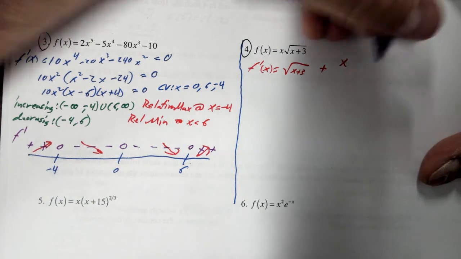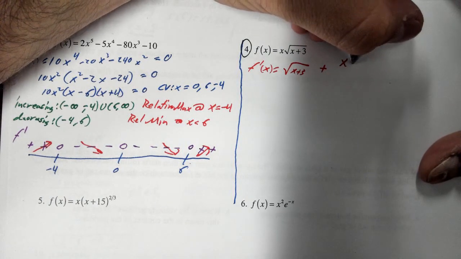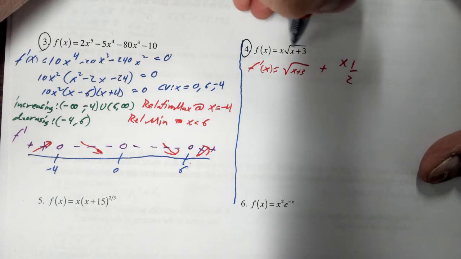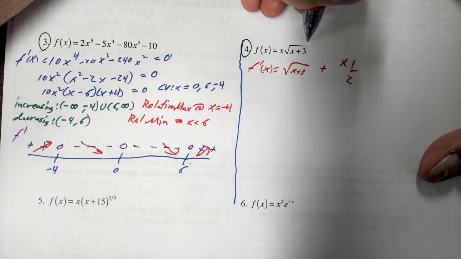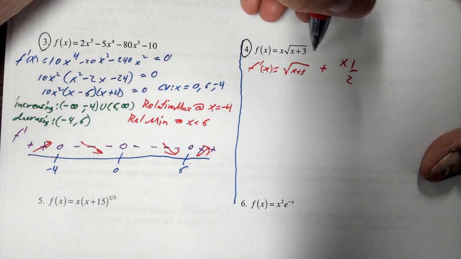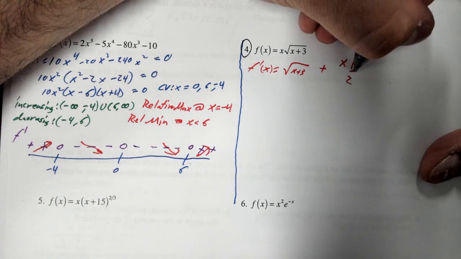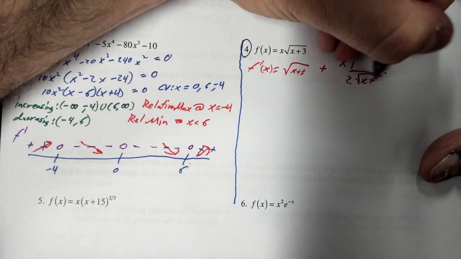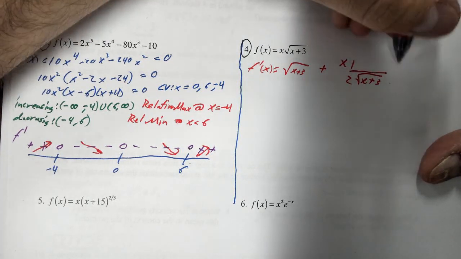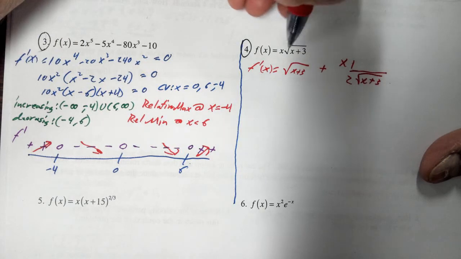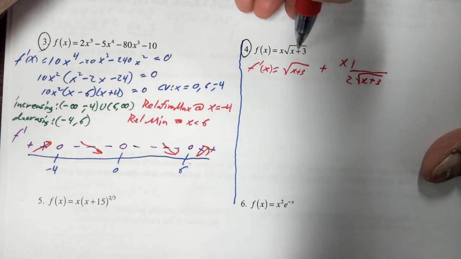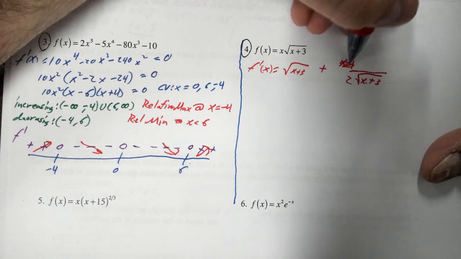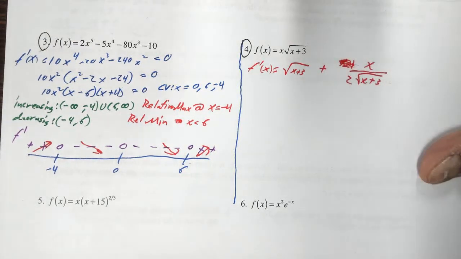When we take the derivative of this, we're going to have 1/2 times x plus 3 to the negative 1/2. The negative is going to put it in the denominator, so 1/2 makes it the square root of x plus 3, times the derivative of the inside. The derivative of the inside is just 1. So this is what we have right here.